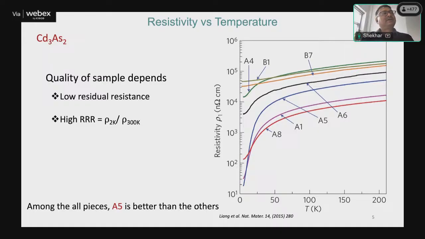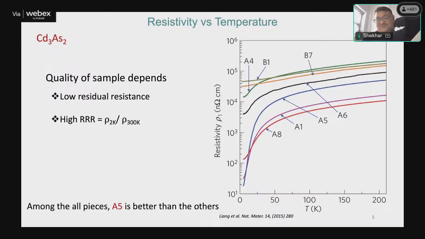Suppose we want to measure temperature dependent resistance. By measuring it, we can see plenty of things, like whether we have a metallic or insulating sample. Here is a metallic one: cadmium arsenide, Cd3As2, a Dirac semimetal.